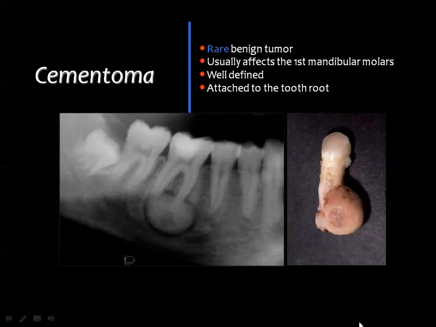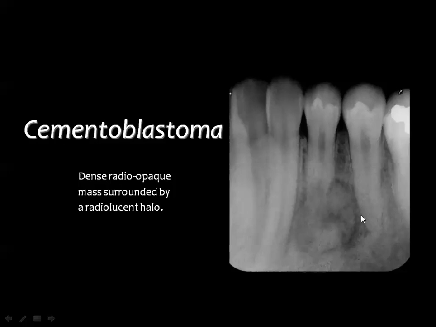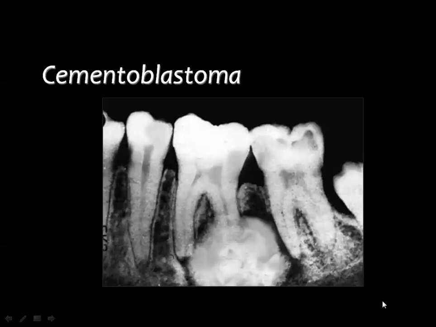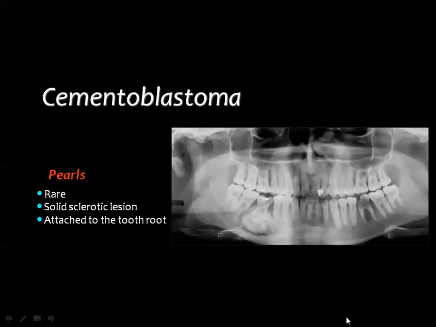And this is a cementoma or cementoblastoma, the sclerotic lesion which is attached to the root of the tooth. And this is also another sclerotic lesion which is attached to the root of the tooth, which is usually the first mandibular molar. And this tumor is rare. It is solid and sclerotic, and is usually attached to the root of the tooth.